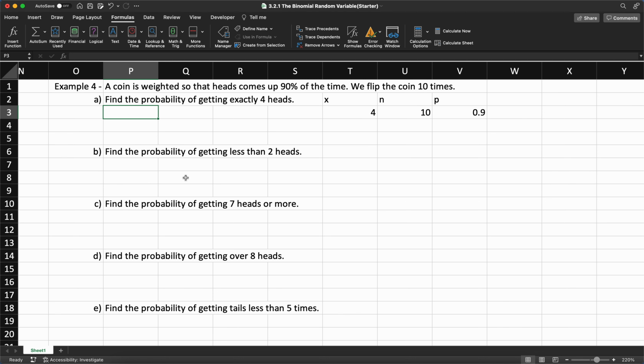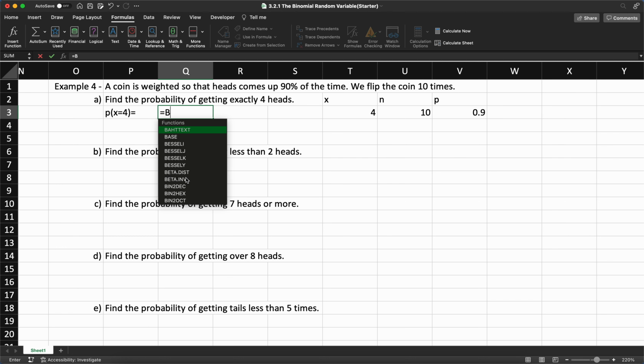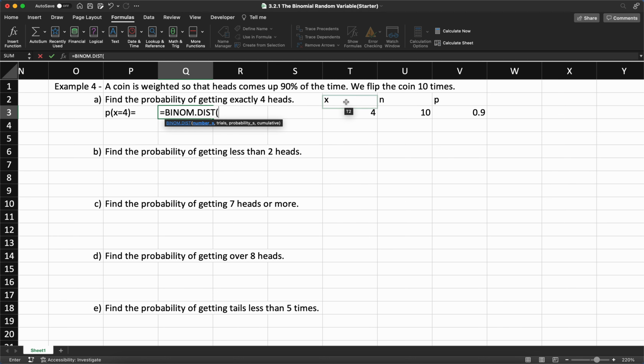So if I'm going to find the probability of getting exactly 4 heads, I'm going to use my Binom.DIST function, which takes 4 arguments: the number of successes, X, comma, the number of trials, 10, which is N, the probability of success, that's 0.9, that's our p-value, and then do we want cumulative or do we want the mass function?